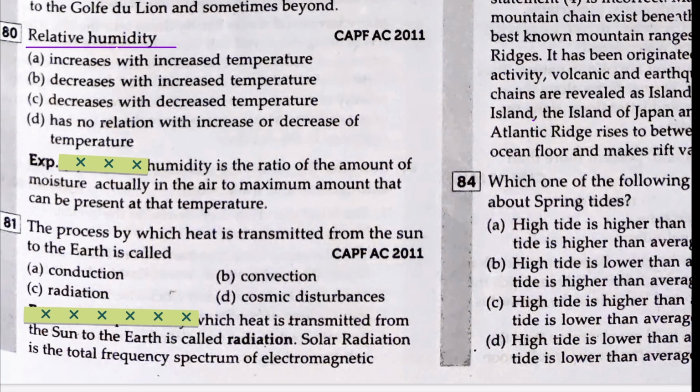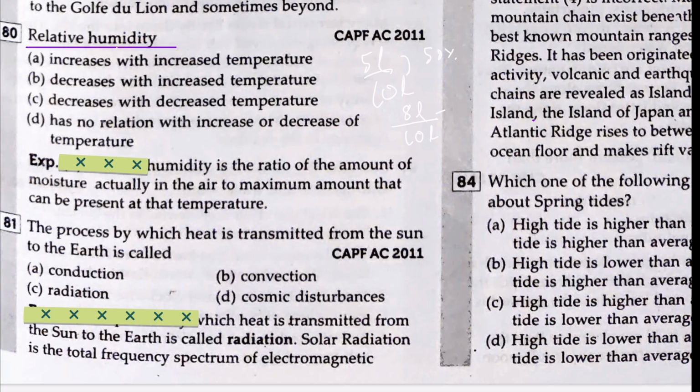Relative humidity increases, which means 5 liters, 10 liters. This is 5 is to 10, 50%. Now let's suppose relative humidity has increased. It has gone to 8 and 10 liters.